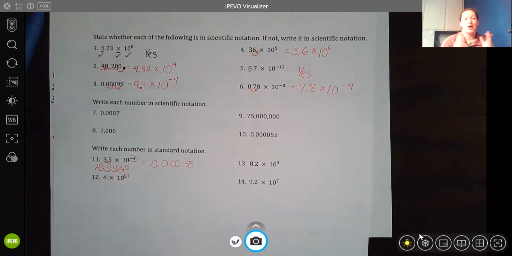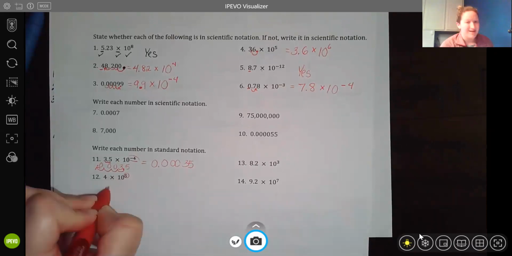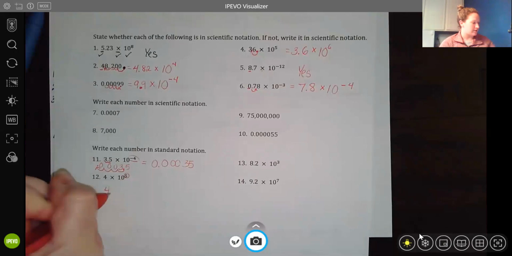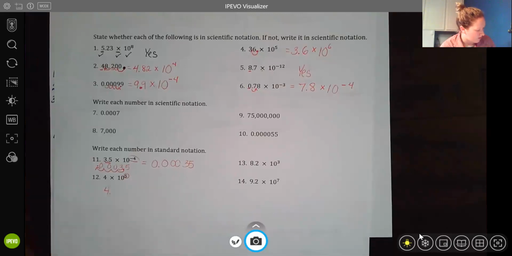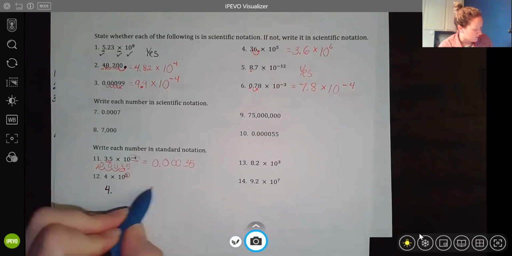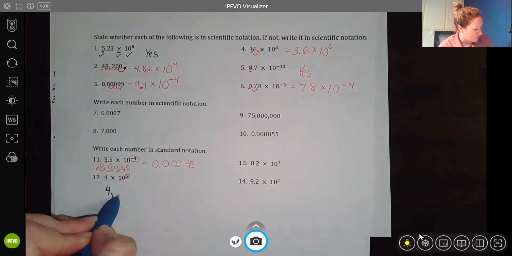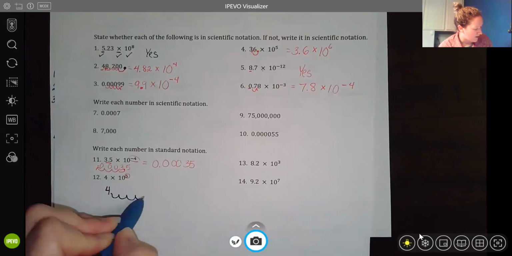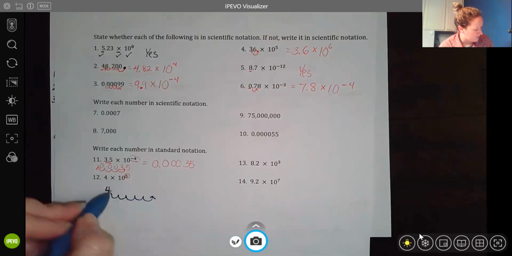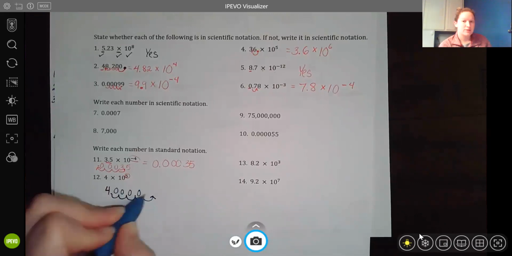It means my standard form number is actually very large, larger than 1. So if I have the number 4, the way to make that larger would be if I take this decimal at the end, and I move it to the right. So I'd move 1, 2, 3, 4, 5. And then I just fill in with zeros.